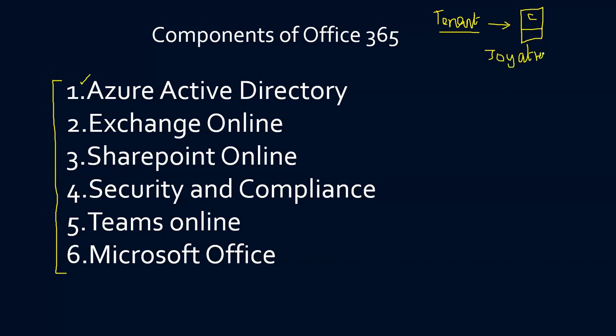After we subscribe, which you will come to know about, it will be looking like joyatres@onmicrosoft.com. So we don't want that identity. We want an identity called joyatres.com only. So what to do? That we will be discussing.